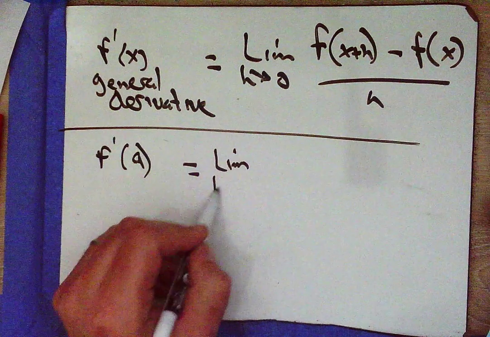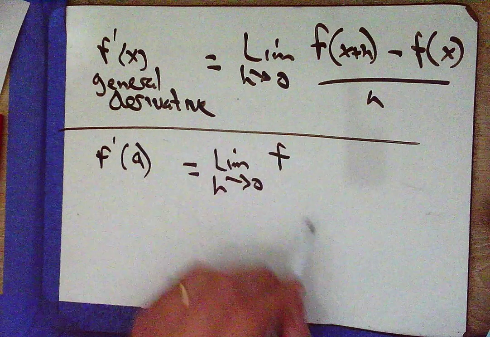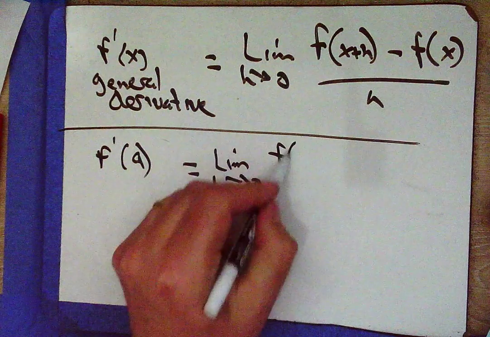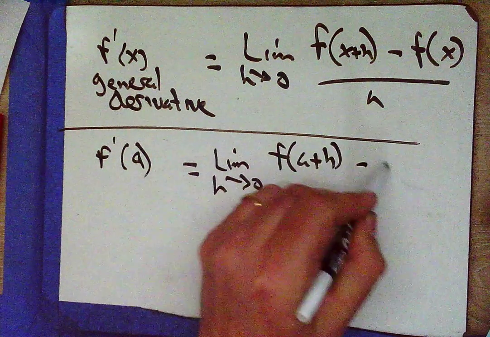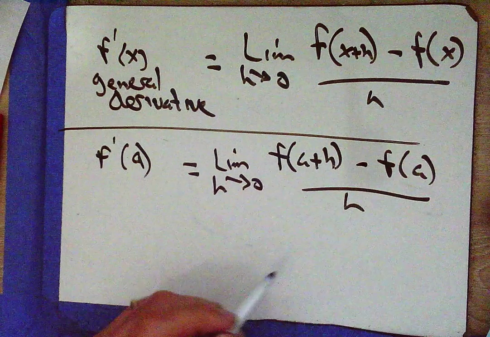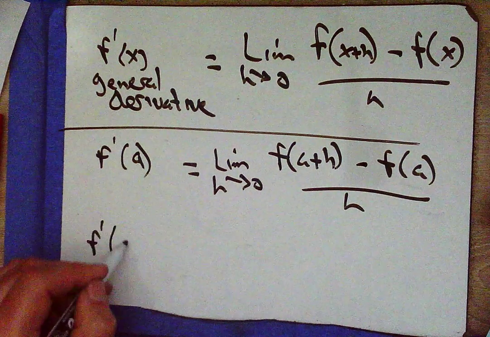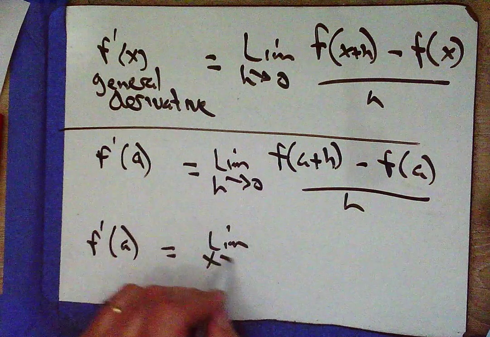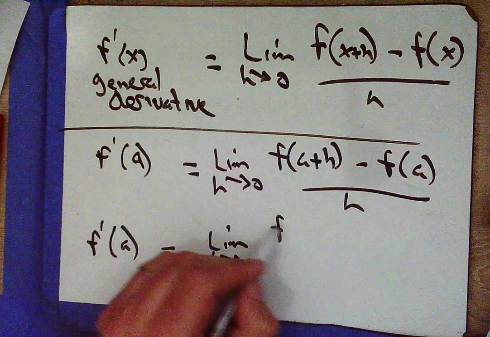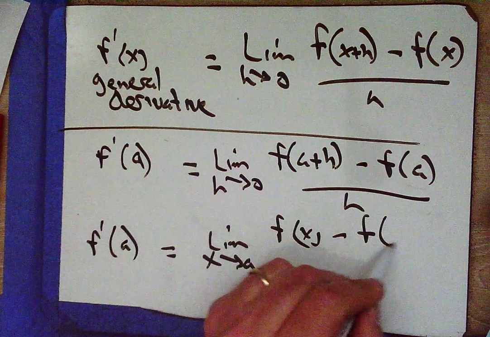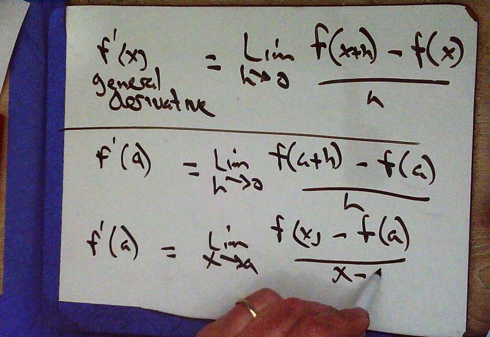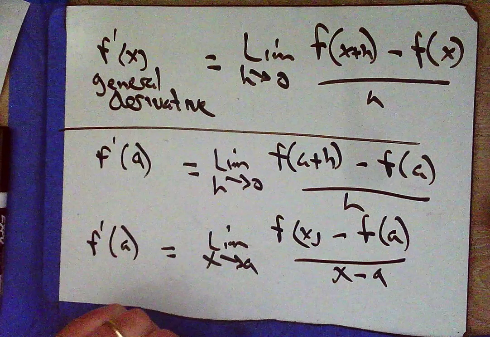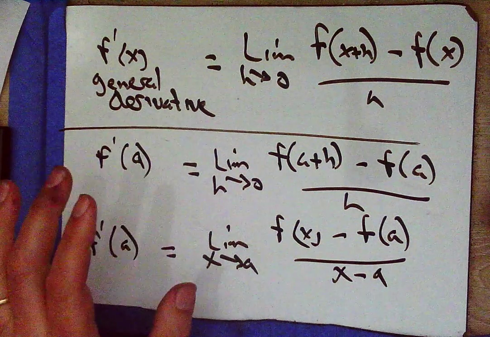And that could be the limit as h heads to 0 of f of a plus h minus f of a all over h, where we replace x's with a's. Or we could also find f prime of a, we said, by using this other understanding where x approaches a of f of x minus f of a over x minus a. Okay? So you need to know how to use these limit definitions of the derivative to find the slope at a point.